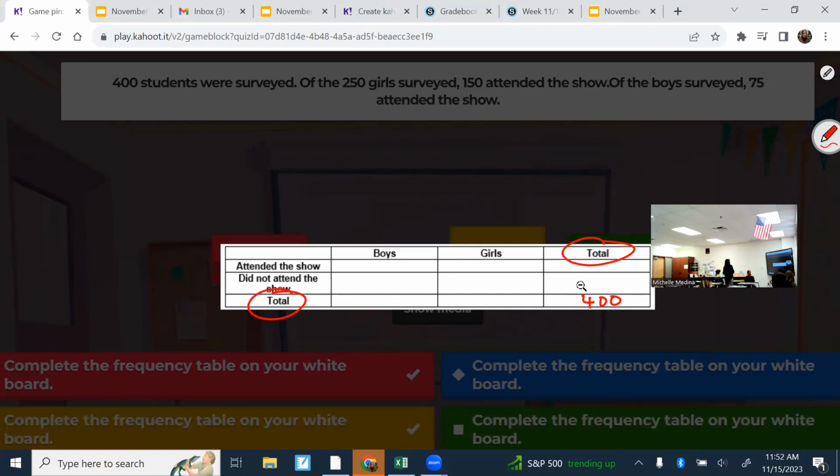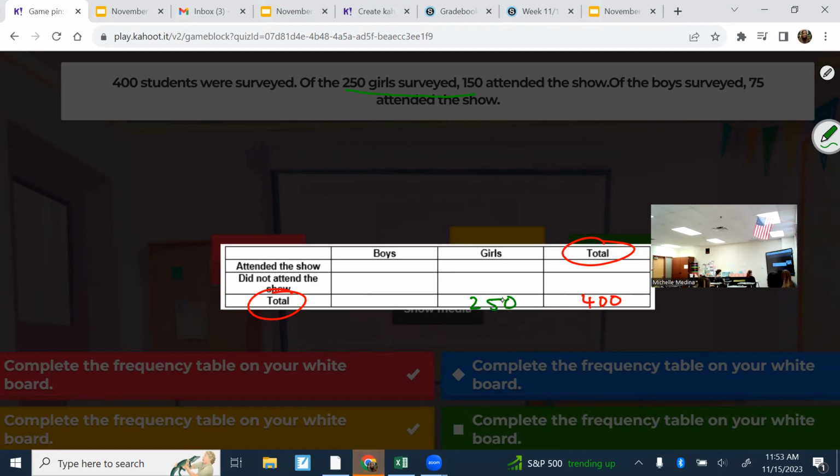Of the 250 girls surveyed, so they're telling us 250 girls were surveyed. Where should that go? Next to the 400, to the left. So that's my total girls surveyed.